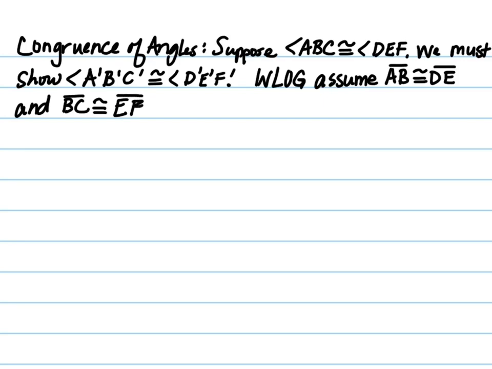If they didn't have those features to start with, you could find another location closer that would actually have that feature, so that's why you can assume it without loss of generality. There's going to be a point that has that feature. Okay, congruent segments.